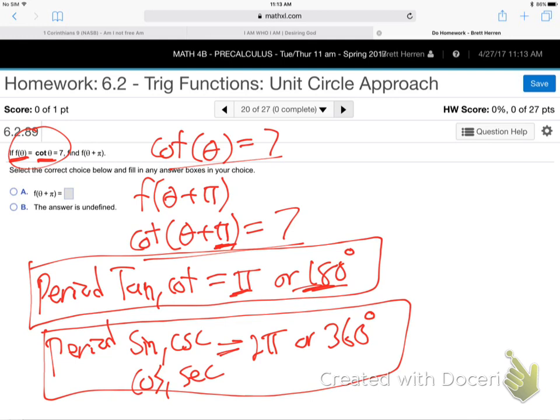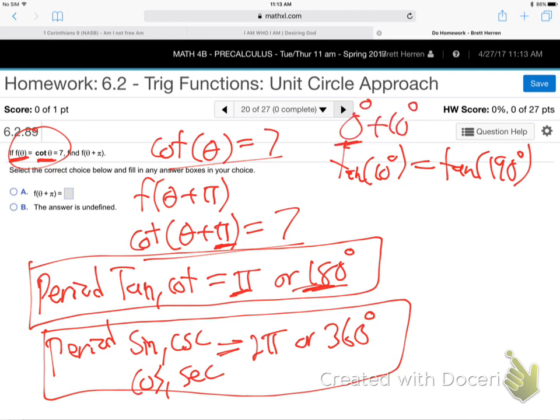So, for example, if I was to say, what's the tangent of 10? It's going to be the same thing as the tangent of 190. Do you see why? Because this is 0 plus 10. This is start of cycle, 10 down the road. This is start of cycle, 10 down the road. It's going to be the same thing. They're both 10 degrees past the start of cycle. You getting the idea? It's just going to repeat its values in the new cycle. Right?